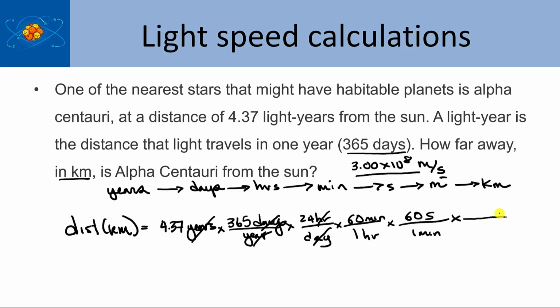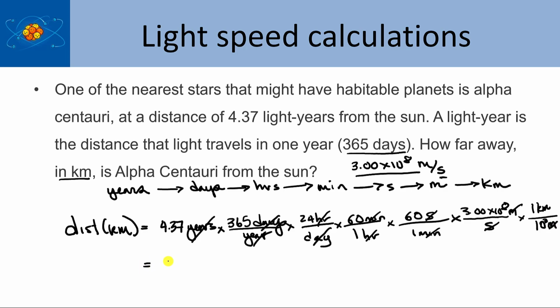So I don't know if I can get it all on here, but 3.00 times 10 to the 8th meters per second, like that. So my hours have canceled, my minutes have canceled, my seconds. And so now I just need to go 1 kilometer is 10 to the 3rd meters, or 1,000 meters. So that gets me all the way there. And so now I can happily go and calculate.